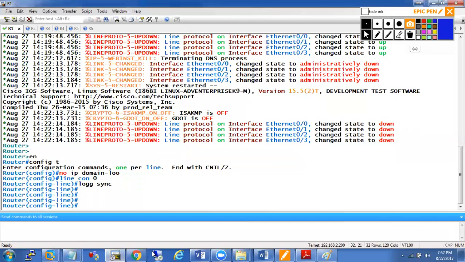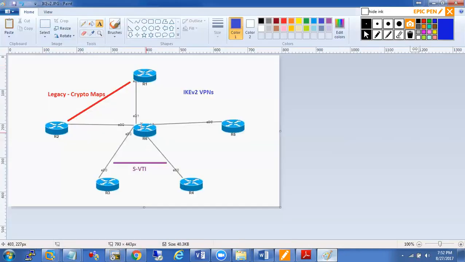Okay, so let's set up R6 based on this topology, E0/1.